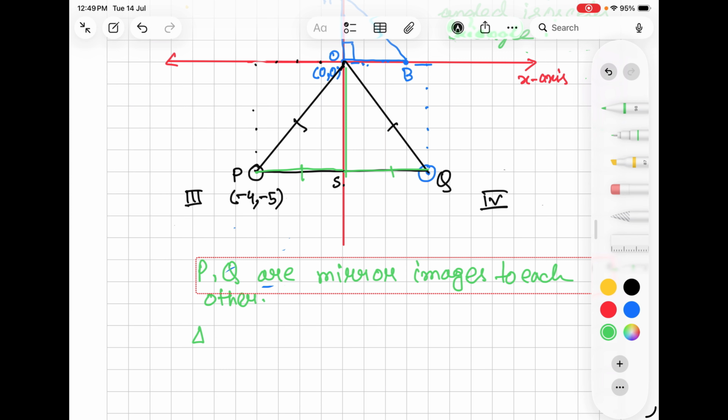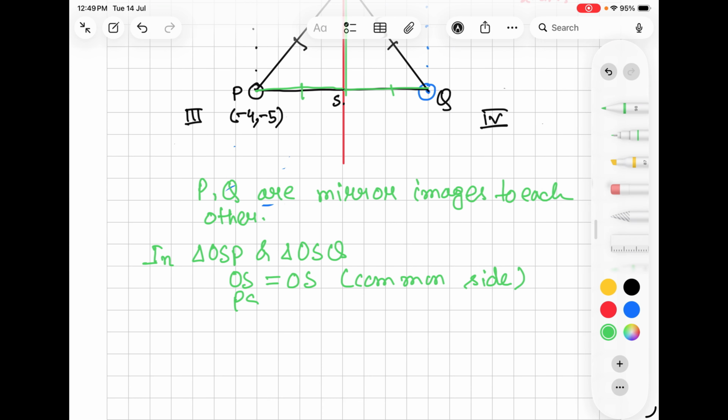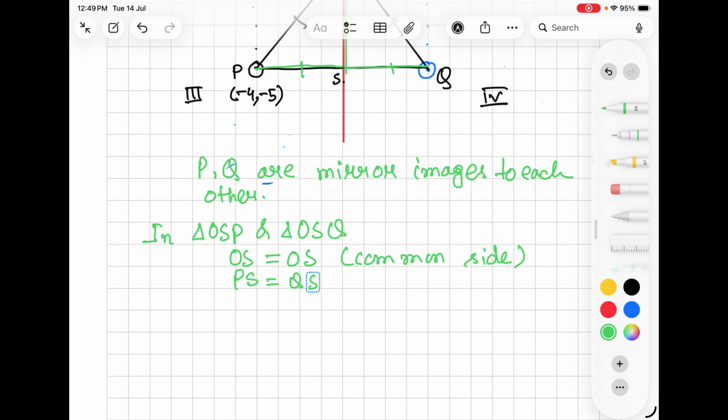In triangles OSP and OSQ, OS equals OS, the common side, and PS equals QS, since P and Q are mirror images. By CPCT, OP equals OQ.